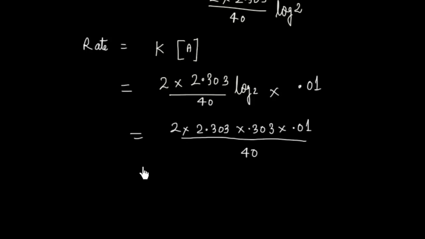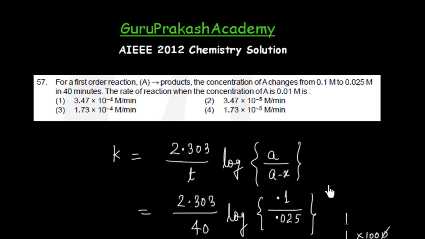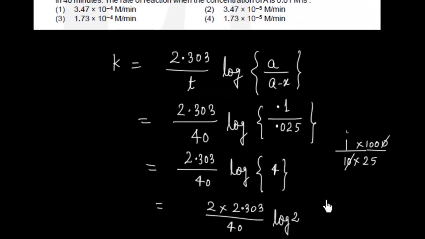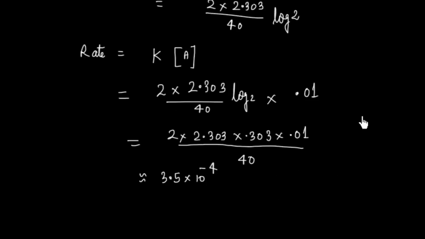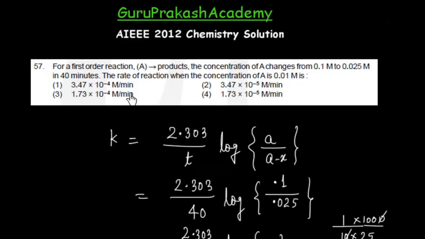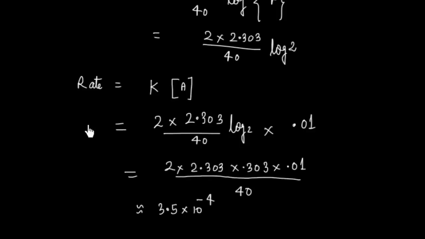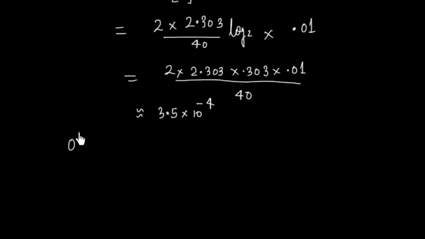So around 3.5 into 10 to the power minus 4. So we can check here. So we have here 3.47 into 10 to the power minus 5. This is around approximately the same. So option 2 is the correct, oh, so 10 to the power minus 4. So 10 to the power minus 4 is option A. So in this case I can say option 1 is the correct answer.